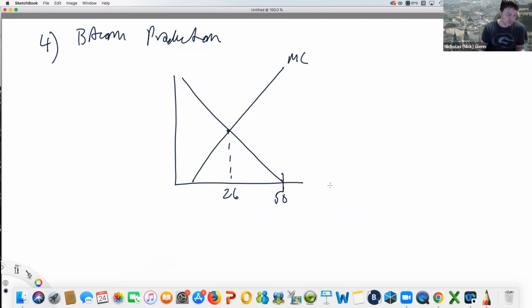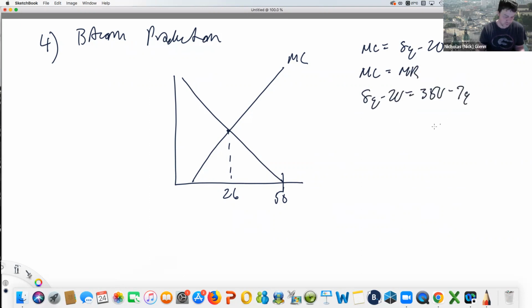So marginal cost is now 8Q minus 20. Okay, so now we need to find the new equilibrium quantity. Just set marginal cost equal to marginal revenue. So it's 8Q minus 20 equals 350 minus 7Q.